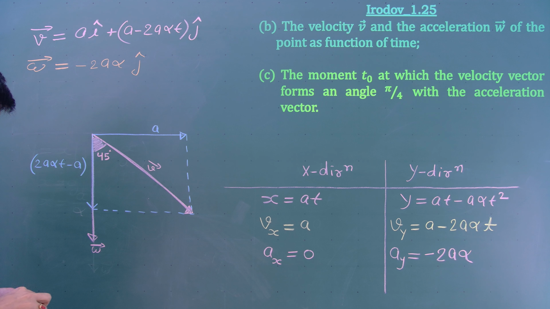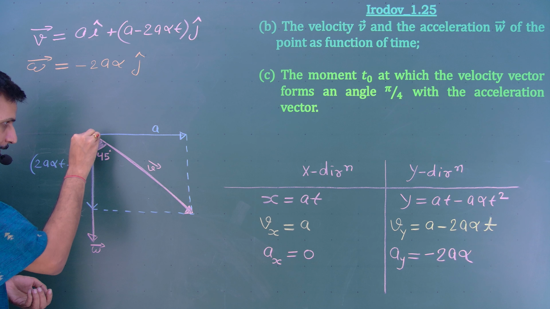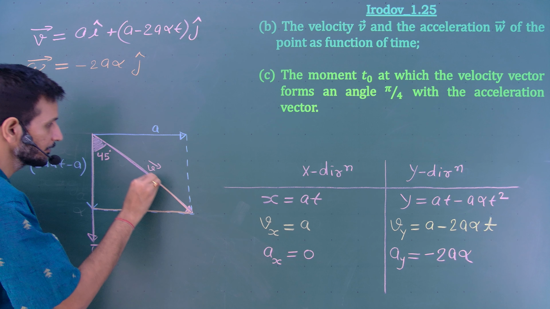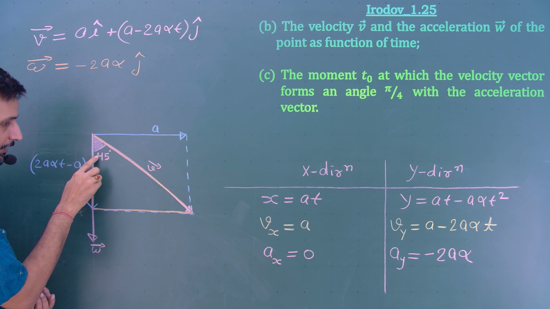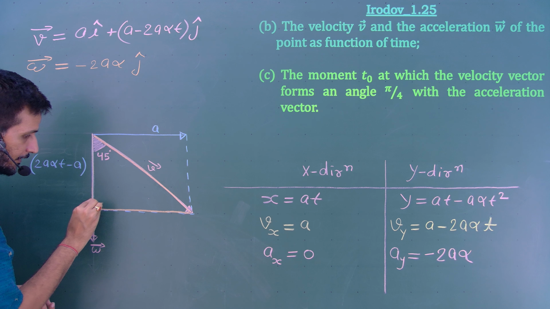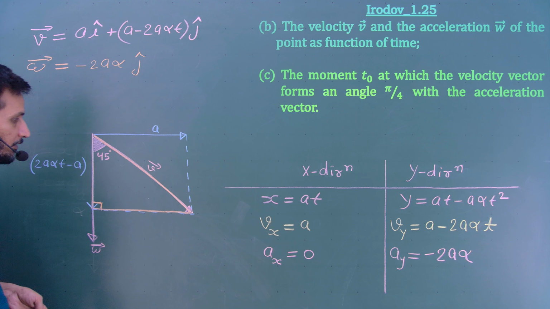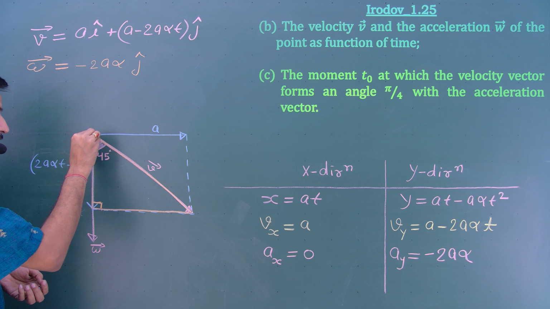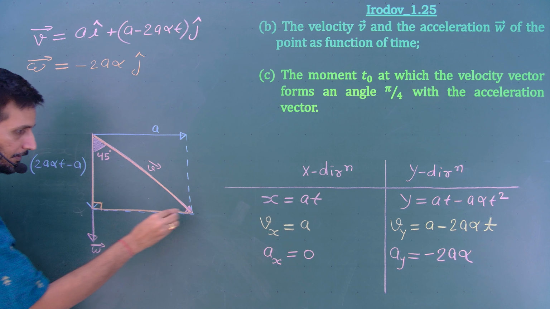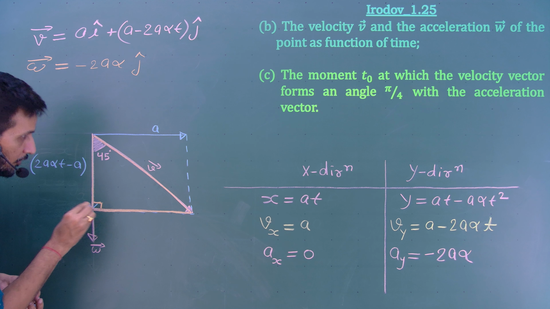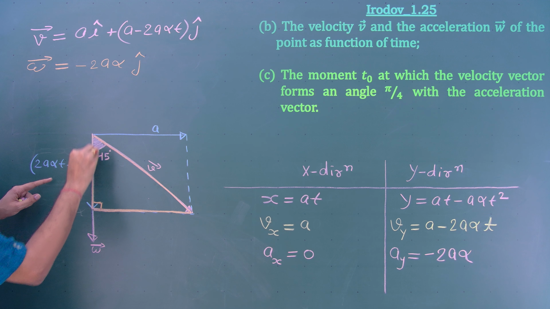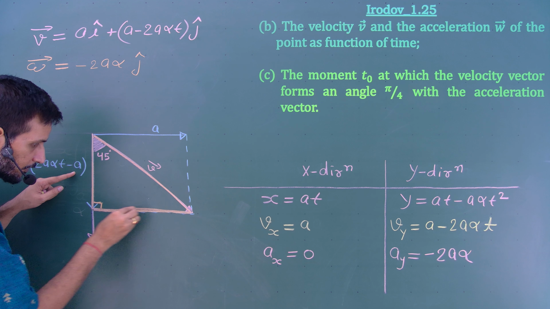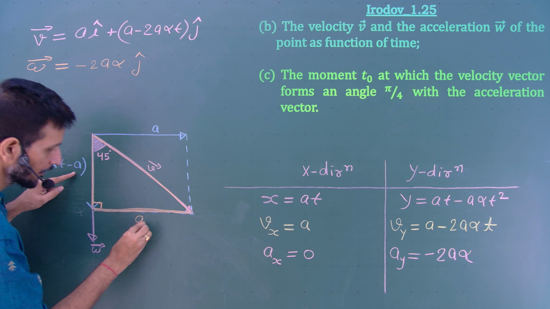So this right angle triangle must be an isosceles triangle, because this angle is 45 and this angle is 90 degrees, so the remaining angle must be 45. So the length of this line and the length of this line should be equal. The length of this line is 2a alpha t minus a and the length of this line is a.